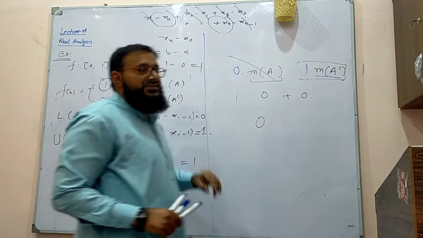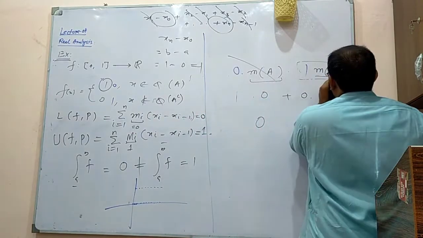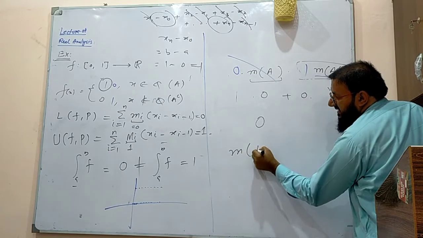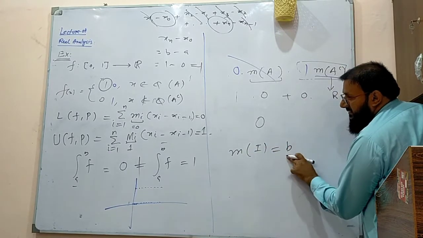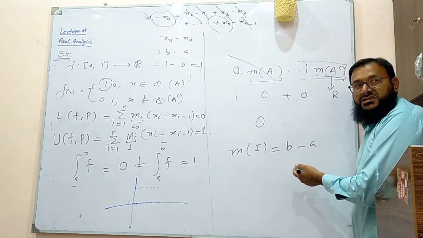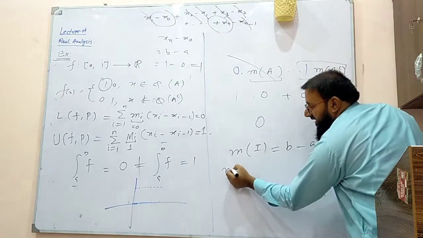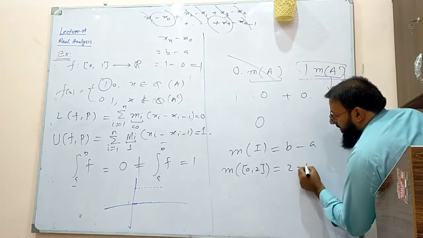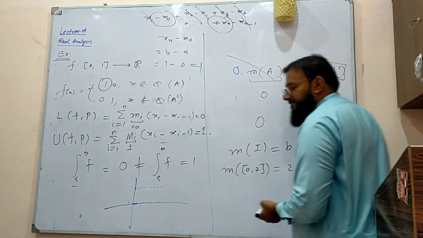If these are real numbers, then there is no problem. If this set is the whole real interval, then the measure of that interval is the last value, or the maximum value, minus the minimum value. The measure of an interval is defined in this way. If I ask you what is the measure of the interval 0 to 2, you say okay, no problem, 2 minus 0, it is going to be 2.